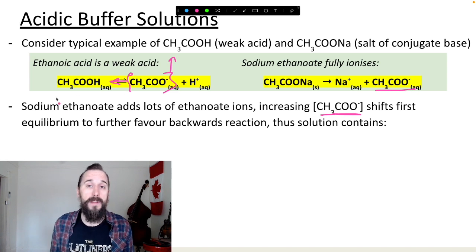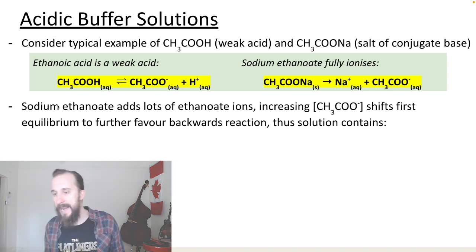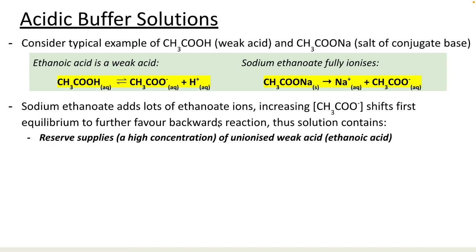And we're going to further favor the backwards solution over here. So what our solution ends up containing from the mixture of these two things is a bunch of reserve supplies that are going to be integral for how it buffers the solution. So we have reserve supplies, a relatively high concentration of the unionized weak acid.